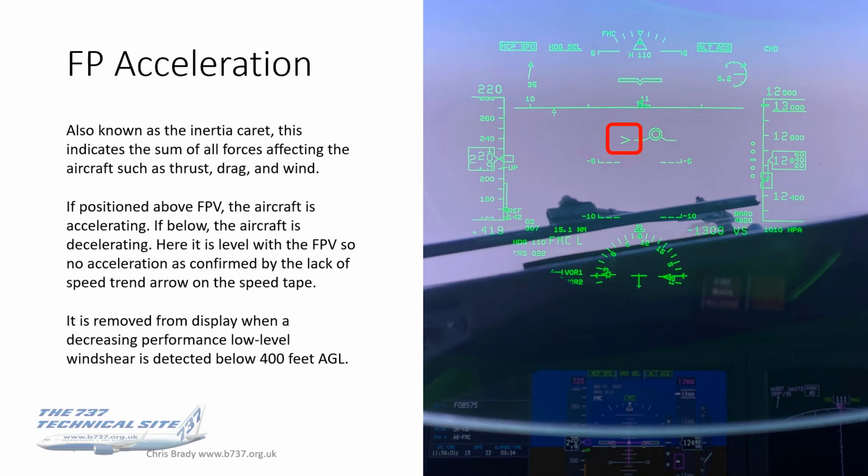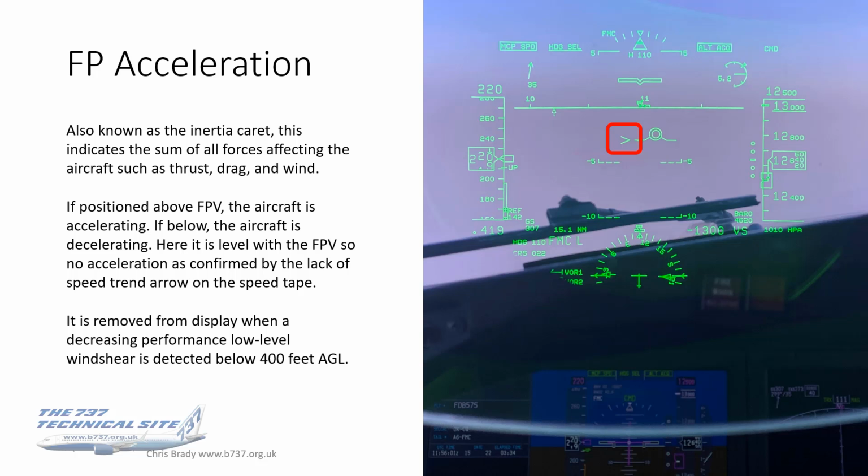Just to the right of the flight path vector, you've got your flight path acceleration, otherwise known as the inertia caret. This indicates the sum of all the forces affecting the aircraft, such as thrust, drag, and wind. If it's positioned above the flight path vector, the aircraft's accelerating. If it's below, the aircraft's decelerating.